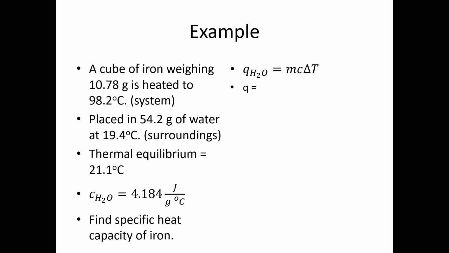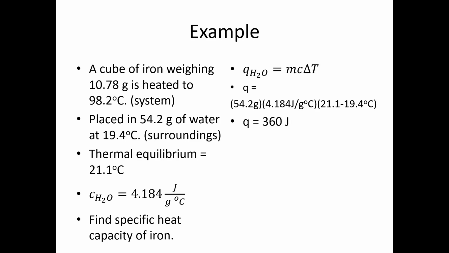The 10.78 or the 54.2? 54.2 times the specific heat capacity times the change in temperature. Notice my 21.1 comes first because that is the final temperature. And when I plug that in, I get 360 joules.